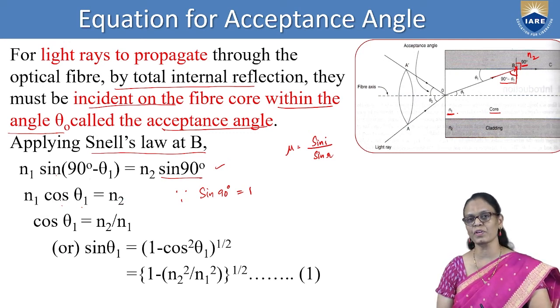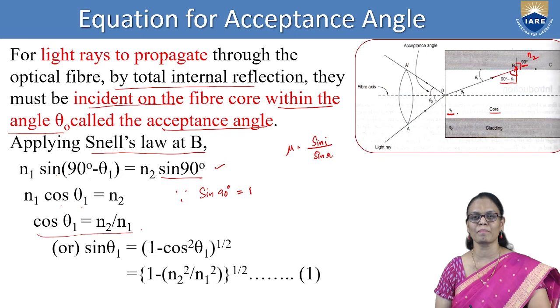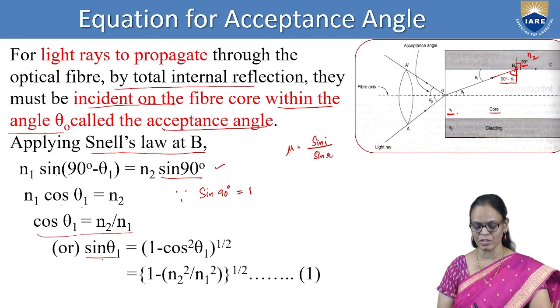So if we have to write for cos theta 1, we'll do the transposition. N1 will come to the denominator. So cos theta 1 is equal to N2 upon N1. And from here we'll write the formula for sine theta. We know sine square theta plus cos square theta is equal to 1.